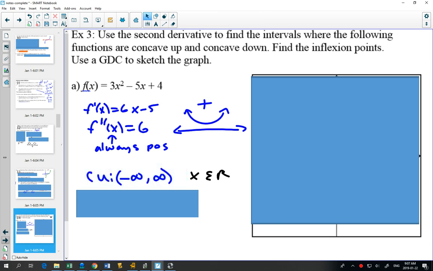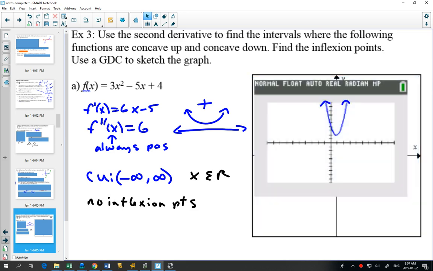So where is it concave up? Everywhere. You could write negative infinity to infinity, or x belongs to the real numbers. There are no inflection points. And we graph this on our graphing calculator. We already knew it was a parabola that opened up, so it makes sense that it's always concave up.